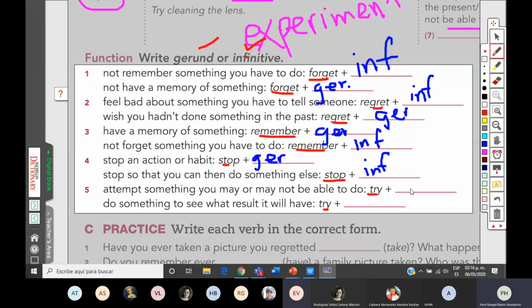It's try with infinitive. Yes, infinitive. And obviously, to see what happens, here it goes with gerund. So you see, it's not really that hard, is it? Not really. Not that difficult. Yeah. All right.